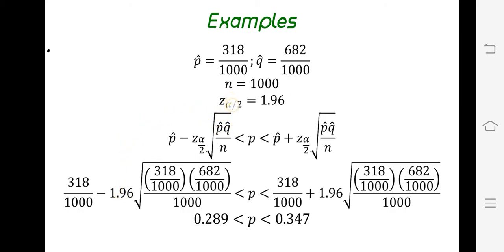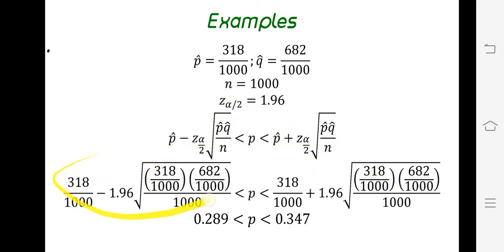Q hat was replaced by 682 over 1,000. And n here is 1,000. On the other side, the same goes with this. These two are similar aside from the operation. Here we have subtraction, while here we have addition. So they are the same aside from the operation.